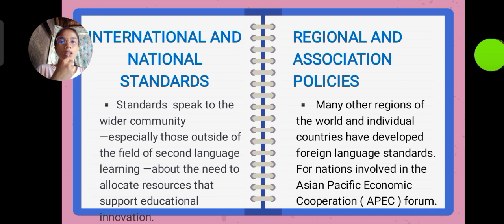The international and national standards. Standards speak to the wider community, especially those outside of the field of second language learning, about the need to allocate resources that support educational innovation. Next are the regional and association policies. Many other regions of the world and individual countries have developed foreign language standards for nations involved in the Asia Pacific Economic Cooperation, or the APEC Forum.